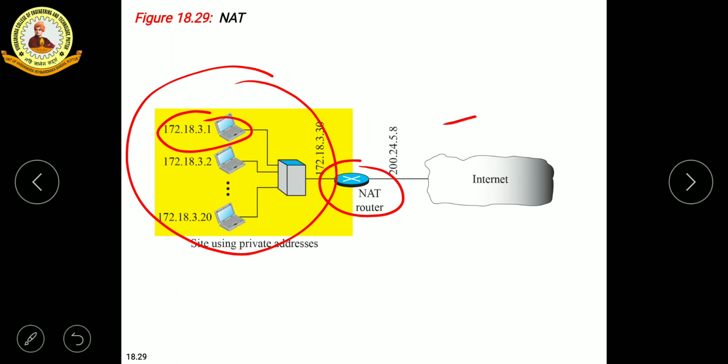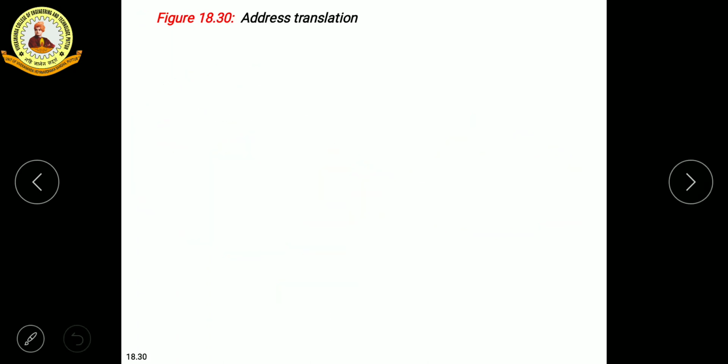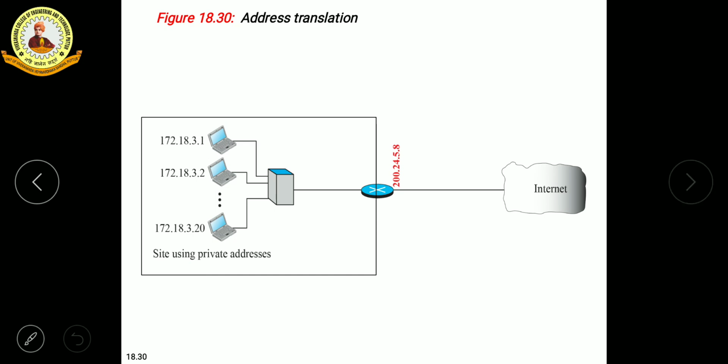Then it is sent to the outside world, and when information comes from the outside world to the private network, the vice versa happens. The global IP address is converted into the private IP address. That is network address translation.